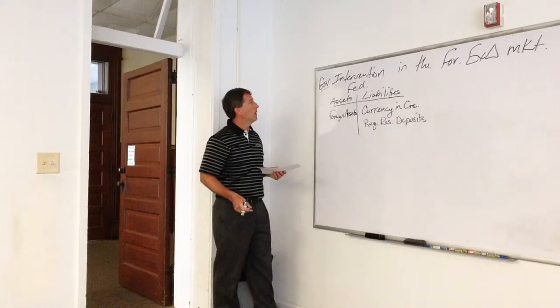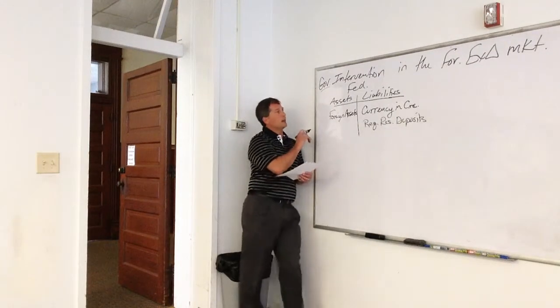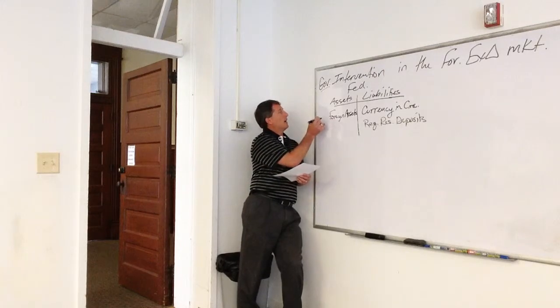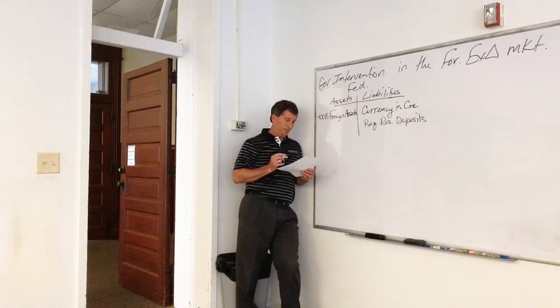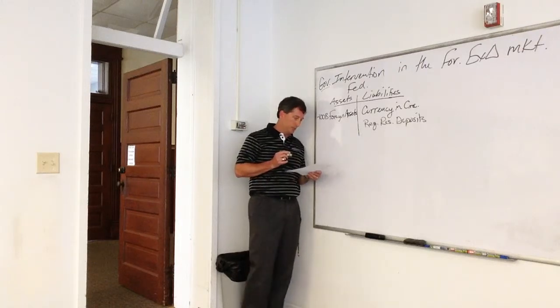So if they take out 100 billion, let's make a nice big number here, 100 billion, what happens? How does that flow through?